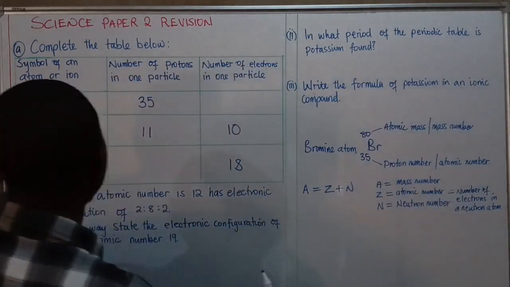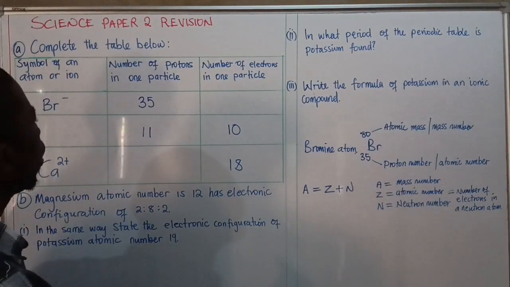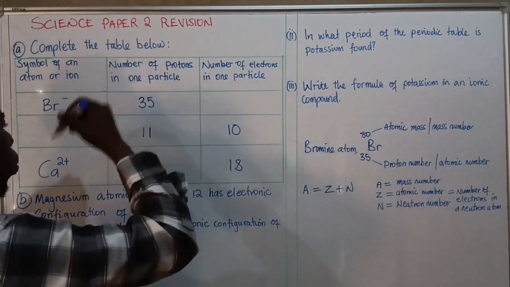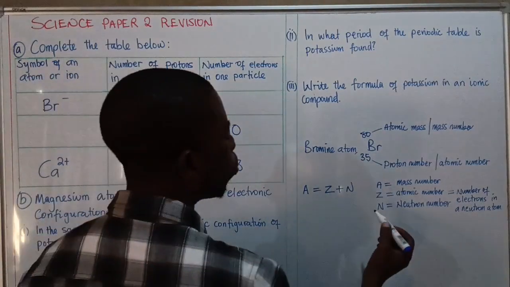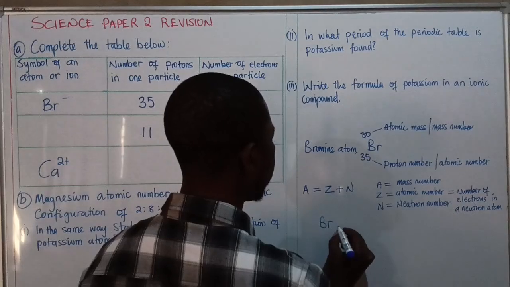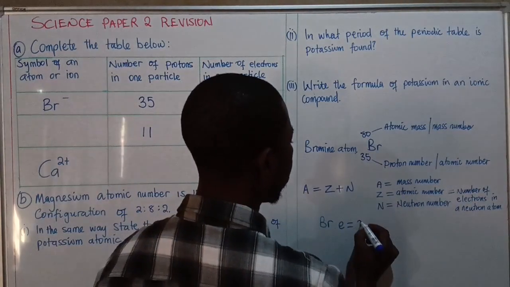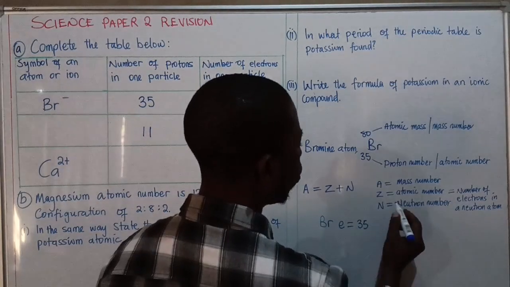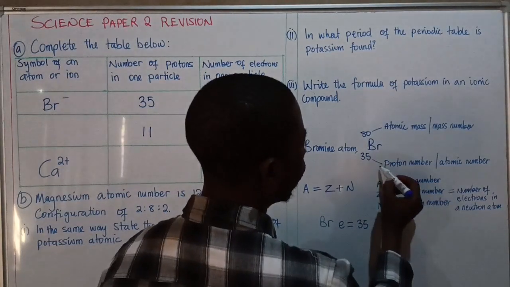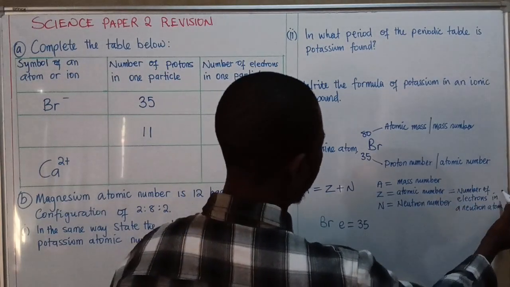So one more electron is added. In a neutral bromine, the number of electrons is always 35, because this 35 represents the proton number or atomic number, which should be equal to it.